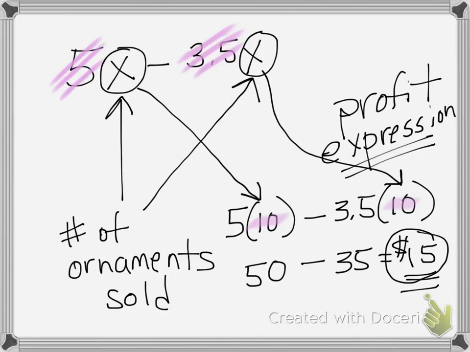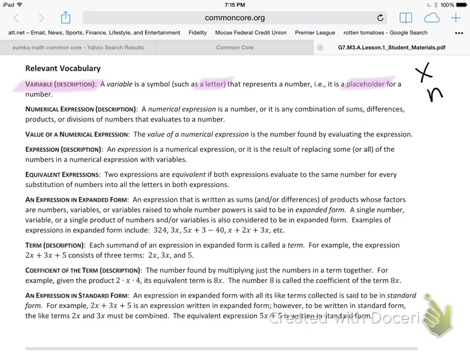That's basically what a variable is, the variable in this case being the x. We change it as we are assigned to change it by the problem we're given, or by what occurs in our lives, for example. The next relevant vocabulary here is numerical expression.